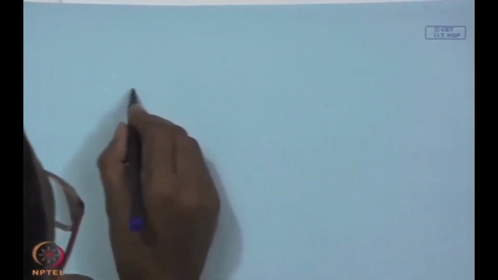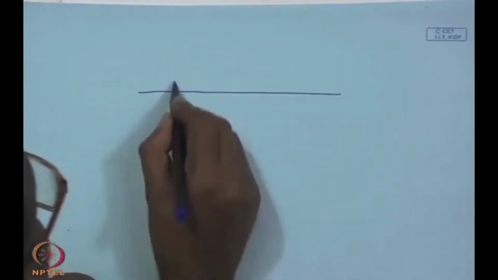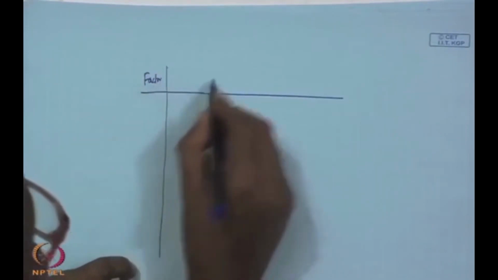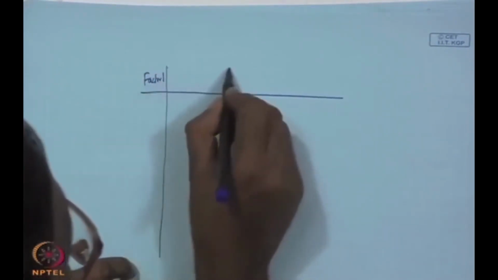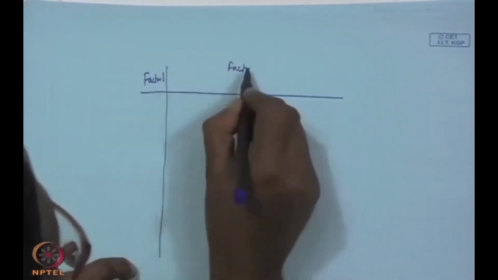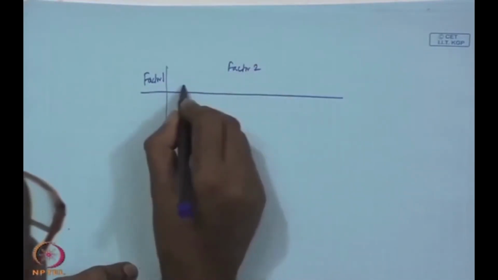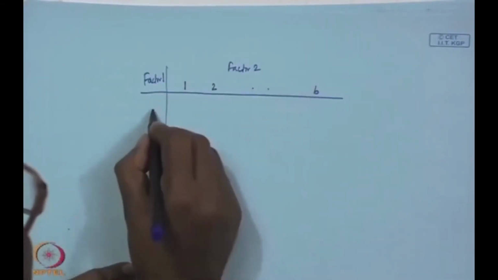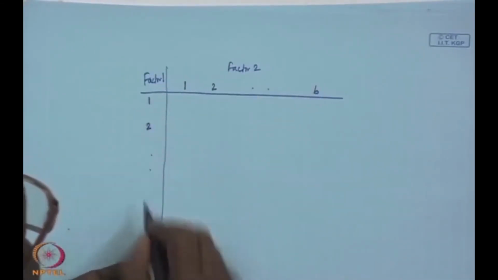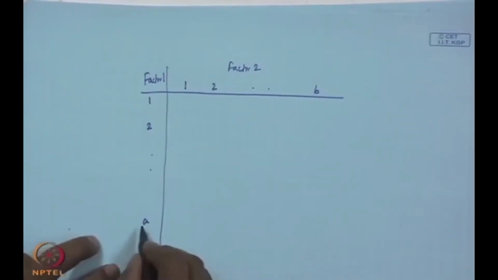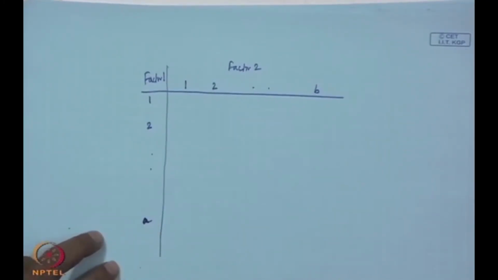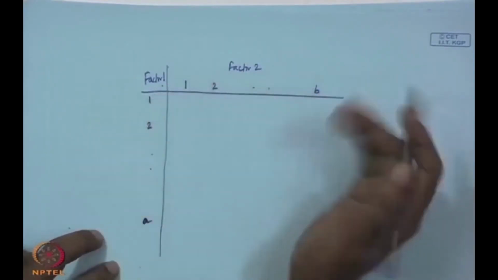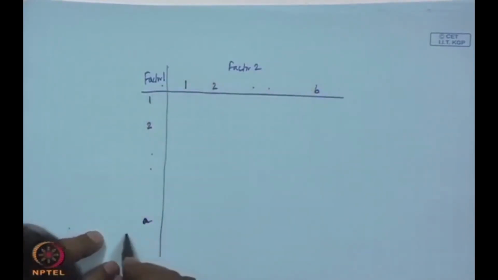On this side you write factor A or factor 1, this side factor 2. Factor 2 has B levels, factor A has A levels. Usually we denote as factor A, factor B.